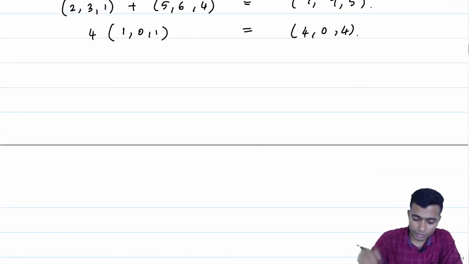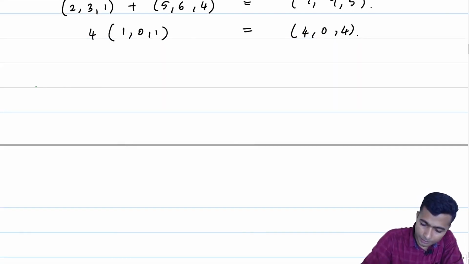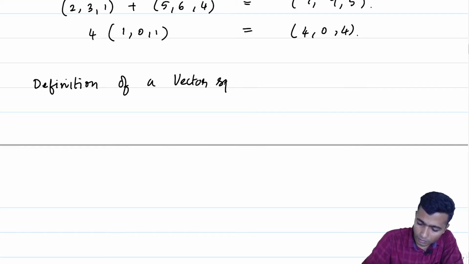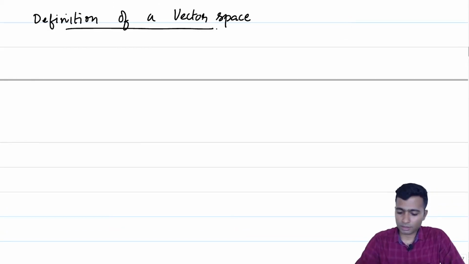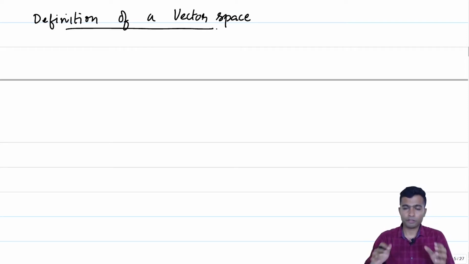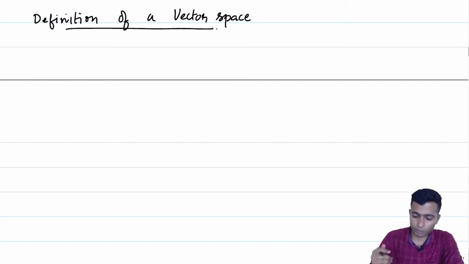So, let us now give a formal definition of a vector space. So, a vector space is a set with two operations which satisfy a few properties. So, let us list all the properties down.